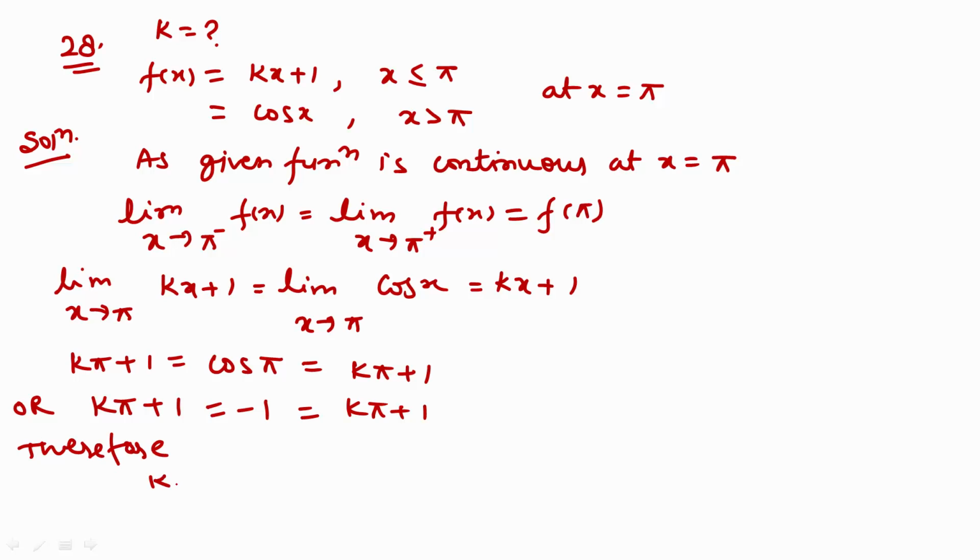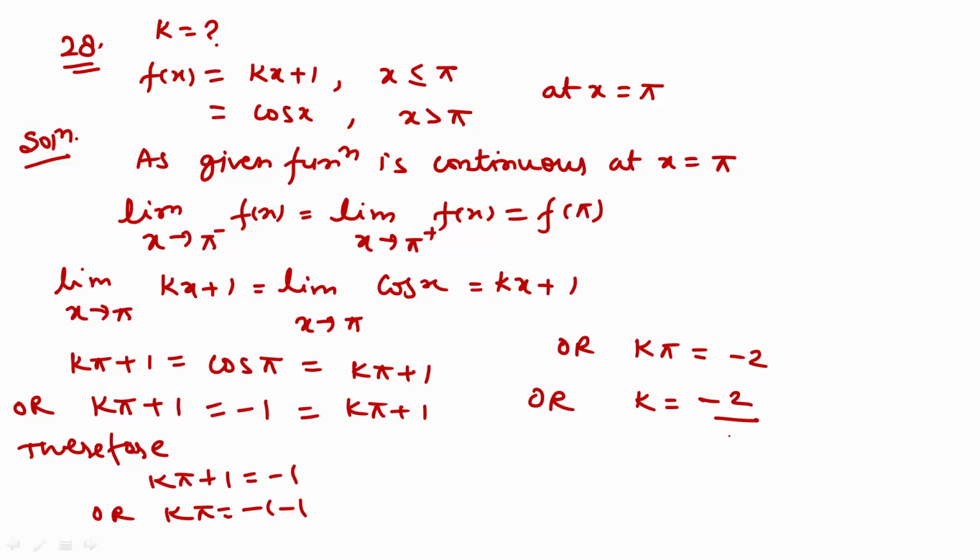Therefore k pi plus 1 is equal to minus 1, or k pi is equal to minus 1 minus 1, or k pi is equal to minus 2, or k is equal to minus 2 by pi. So k is equal to minus 2 by pi. The function is continuous at x equal to pi.